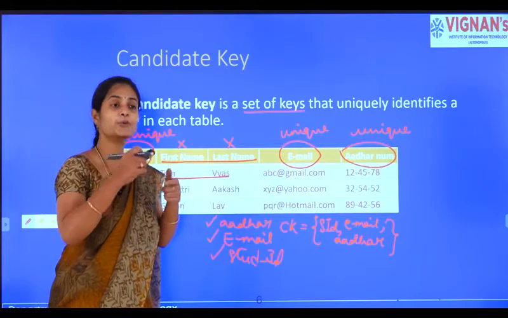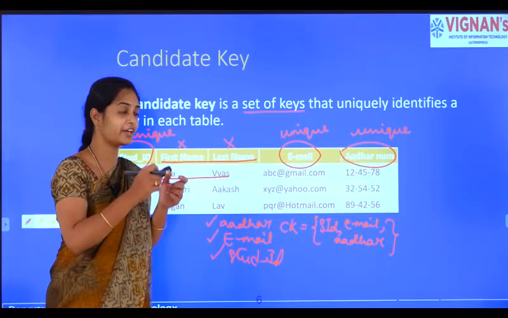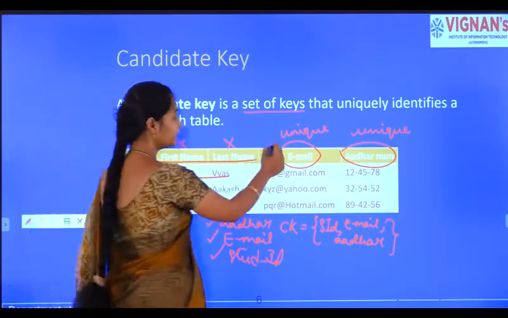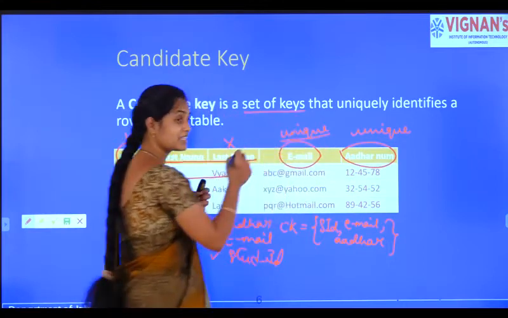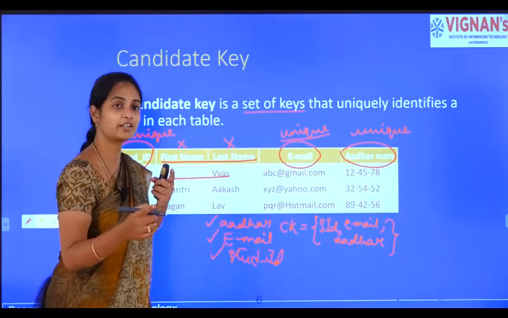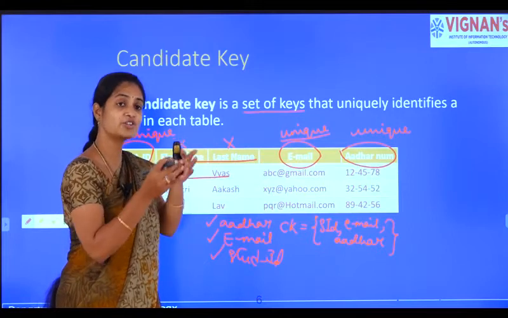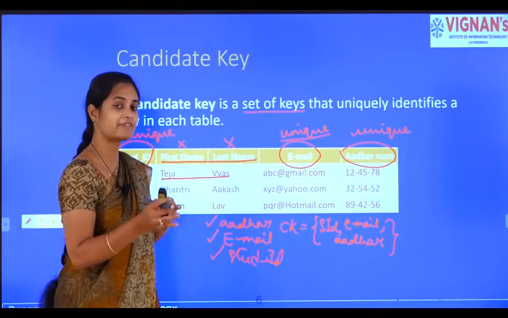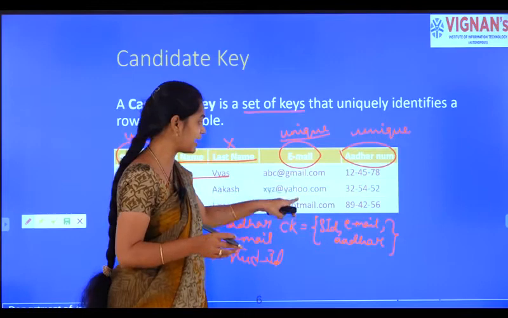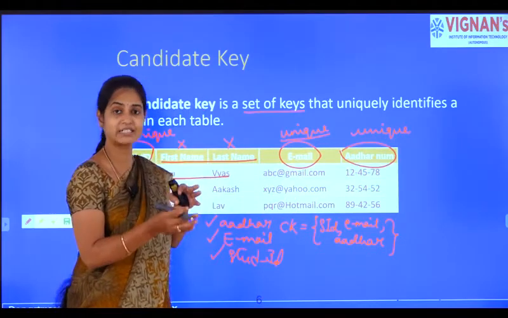Where duplication is not allowed, you can apply the unique constraint. Unique is nothing but duplication is not allowed, so everything should be distinct. Each value of the attribute should be distinct, right.